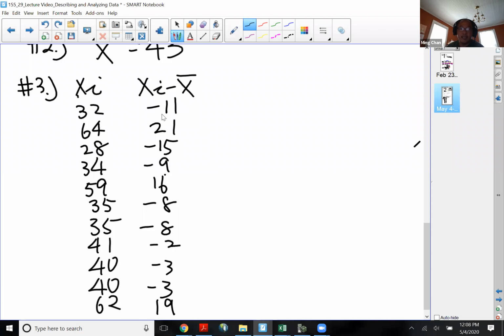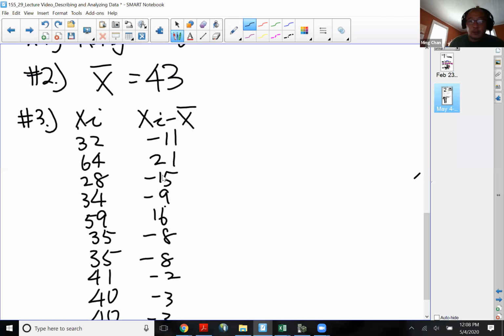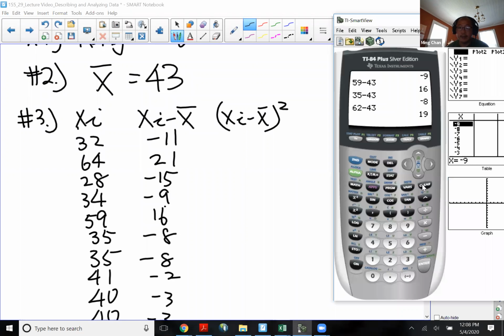So to make these negative distances positive, we square every one of them, because if you square each one, they all become positive.